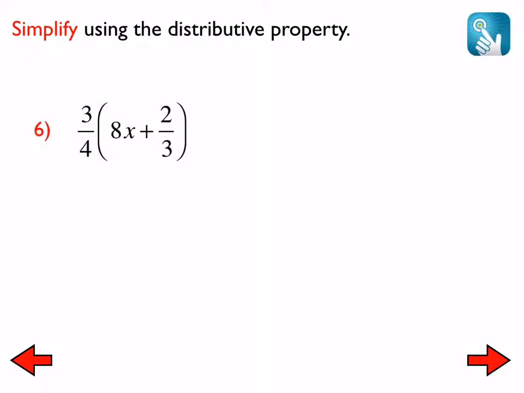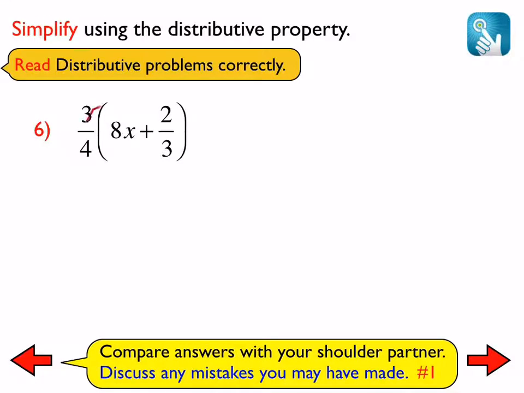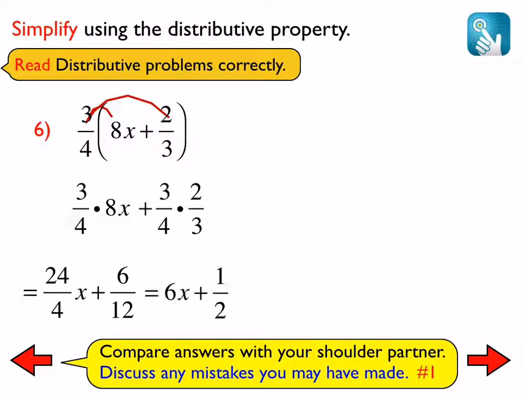Jessica, number 6. 3/4 times the quantity of 8x plus 2/3 is equal to 6x plus 1/2. Very good. And here is the reason why. 3/4 times 8x is 6x, and 3/4 times 2/3 is 1/2.